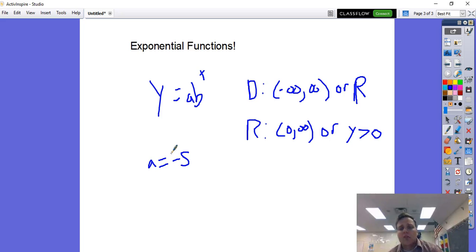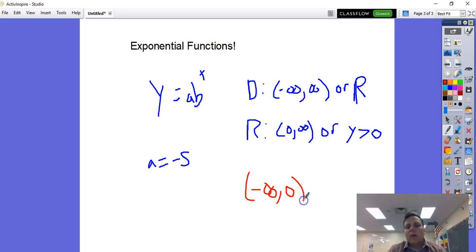So if it reflected, the domain still stayed the same, because a reflection across the x-axis is not going to affect a domain, but it will affect a range, and basically it just changed the range from being 0 to infinity to being negative infinity to 0.